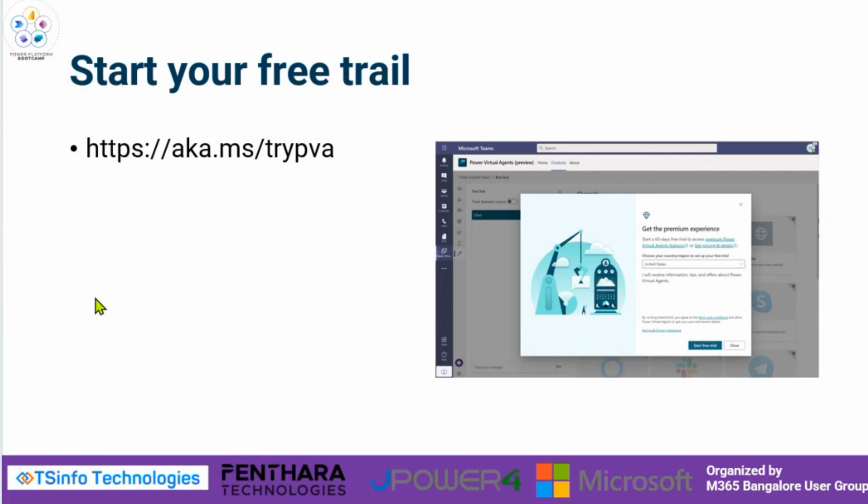I would encourage, if you are a Power Platform enthusiast, you are already working on it, or if you wanted to just try it, just go here and try. It is very easy to develop. Also, it is very easy to configure the way we wanted to configure it, and then you would be able to find some good ideas or good use cases around it to build for your organization, right?